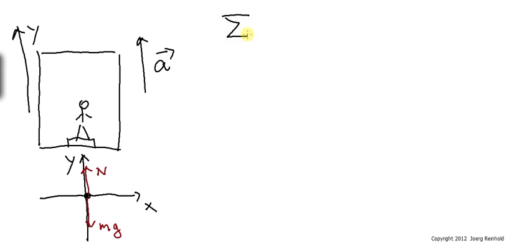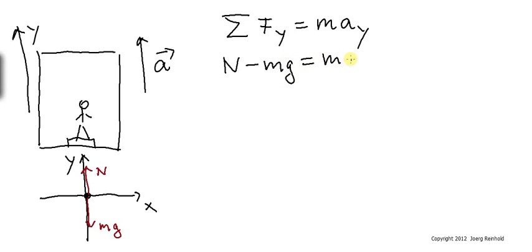The sum over all forces acting in the y direction equals the mass of the person times the component of the acceleration in the y direction. Now, in the positive y direction we have N, in the negative y direction we have the weight of the person, that equals m a_y.